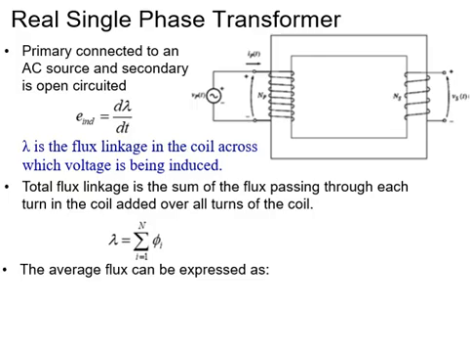So this is how we calculate the total flux. To calculate the average flux, we can say that average flux is equal to the total flux over the total number of turns. So it would be lambda over N.